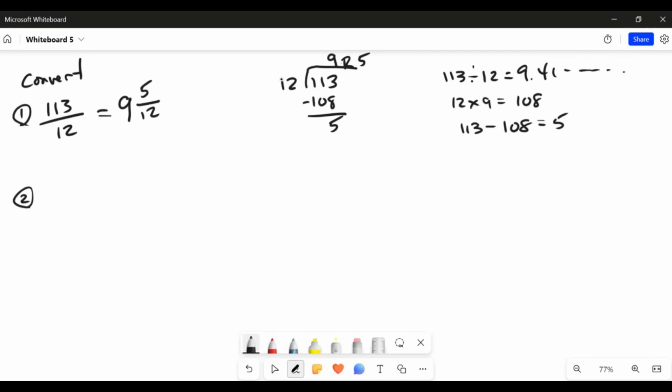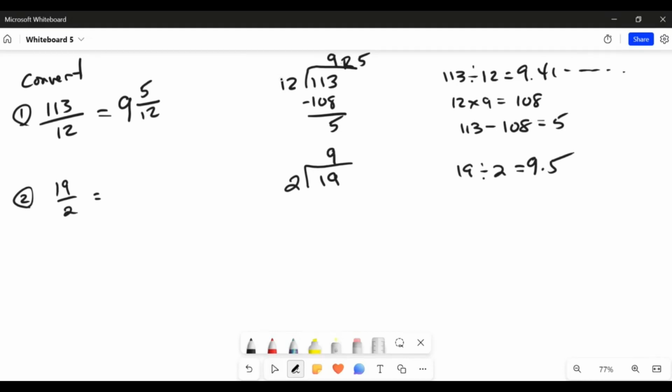Let's look at number 2, 19 over 2. So I need to do 2 into 19, or 19 divided by 2. When you take your calculator and punch in 19 divided by 2, you get 9.5. That means that the whole number part is 9.